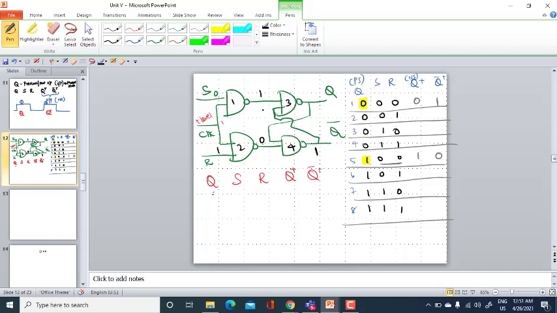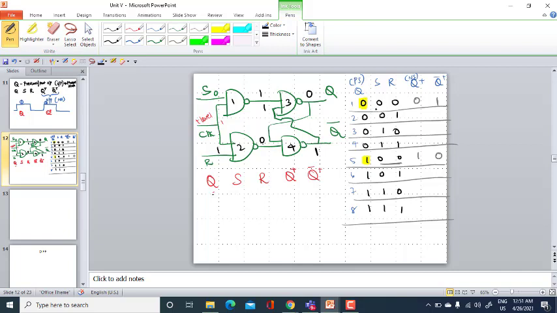And if this is 1, this is also 1, and 1 1, your output is 0. Right? So look here, for this combination of input, namely 0 and 1, your output does not depend on the previous state. We haven't carried our Q here to derive our output Q plus and Q bar plus, like for your input combination 0 and 0.